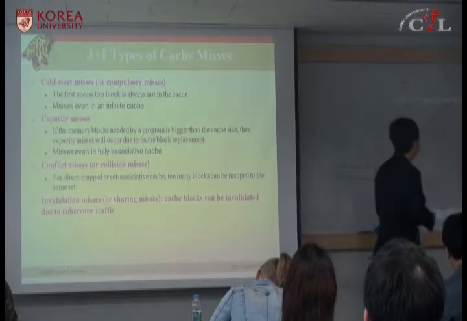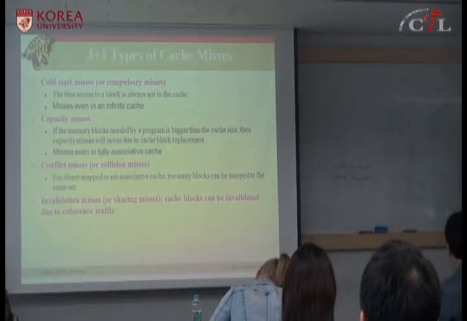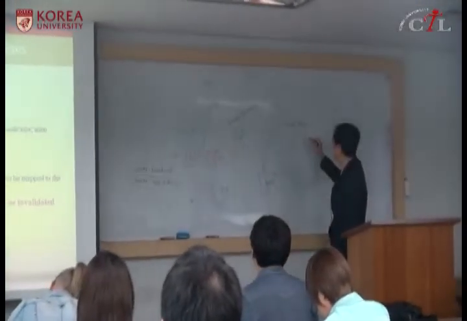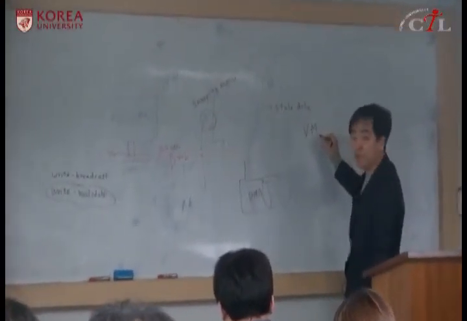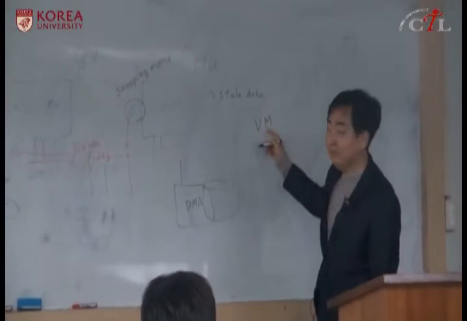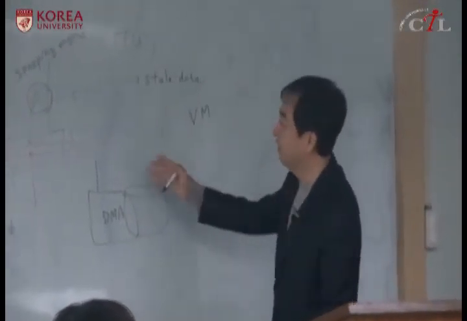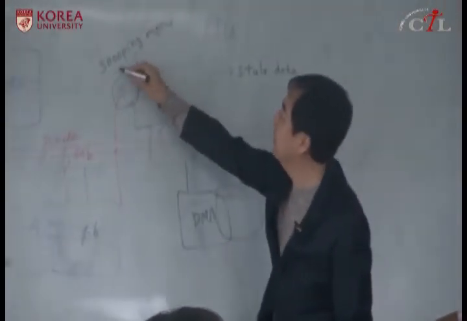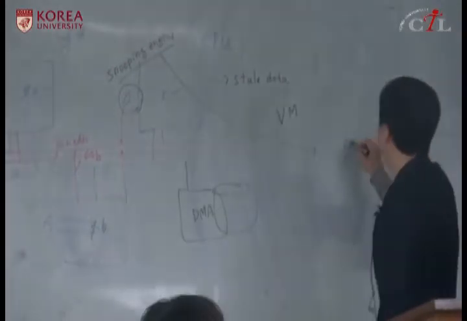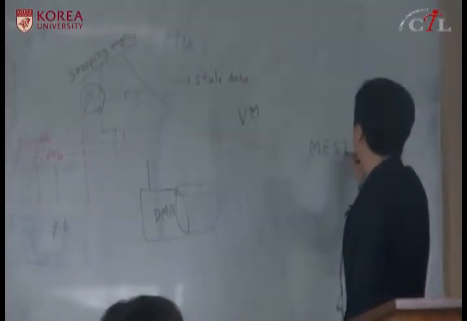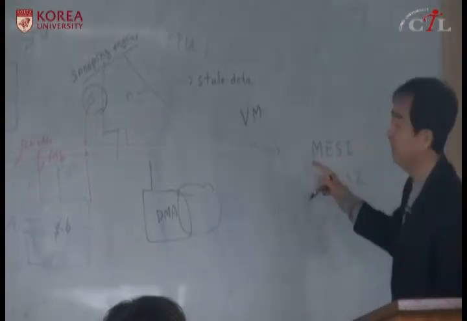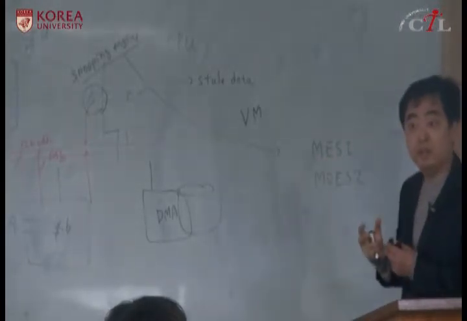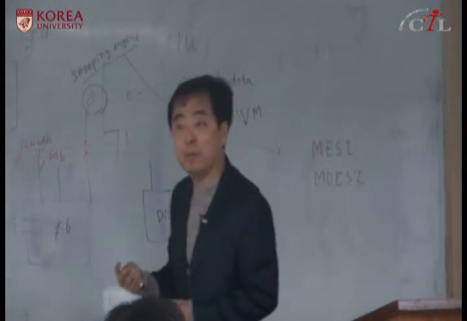So for cache block status, you need a valid bit. You also have a modified bit, the dirty bit, right? This kind of snooping coherence protocol is called MESI or MOESI protocol. They may have more states to improve performance.